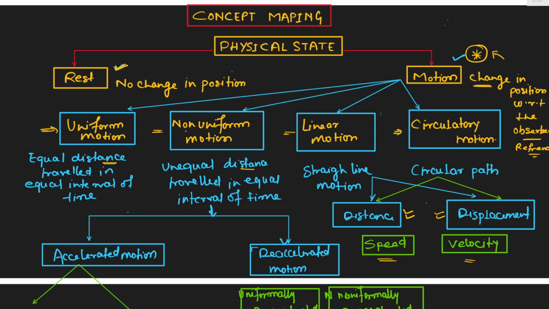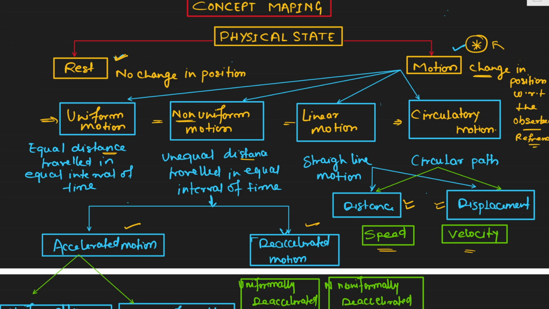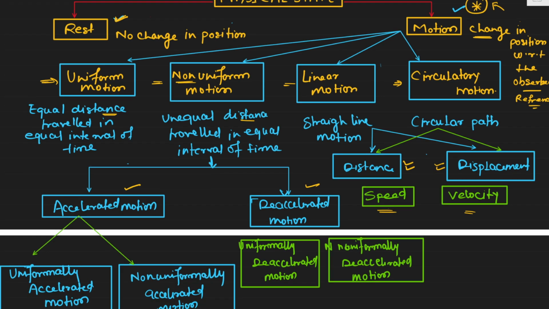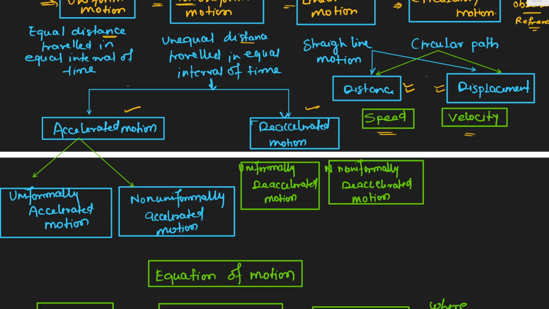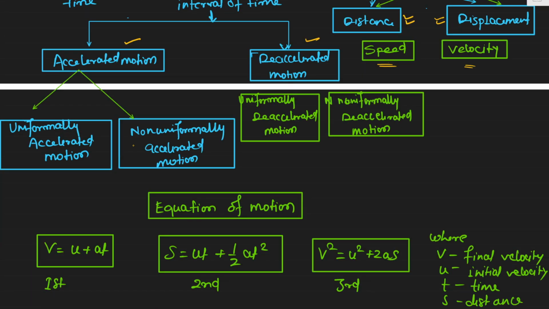Non-uniform motion is divided into accelerated motion and decelerated motion. Accelerated motion has two types: uniformly accelerated motion and non-uniformly accelerated motion. Similarly, decelerated motion has two types: uniformly and non-uniformly.